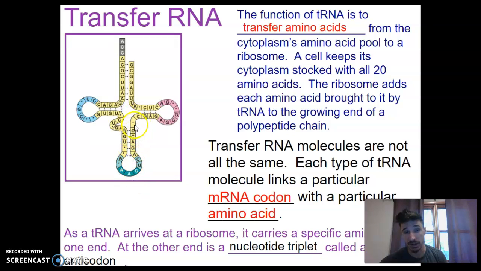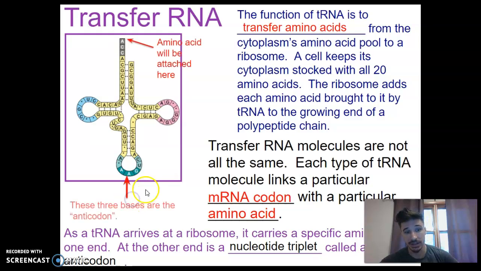And then this tRNA would go and get whatever amino acid it's supposed to and bring that amino acid to the ribosome based on the anticodon of the tRNA and the codon of the mRNA complementing each other. So this is where the amino acid is attached, and here is our nucleotide triplet known as an anticodon.